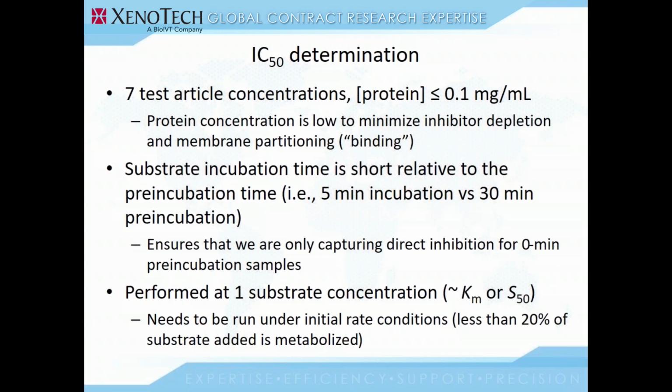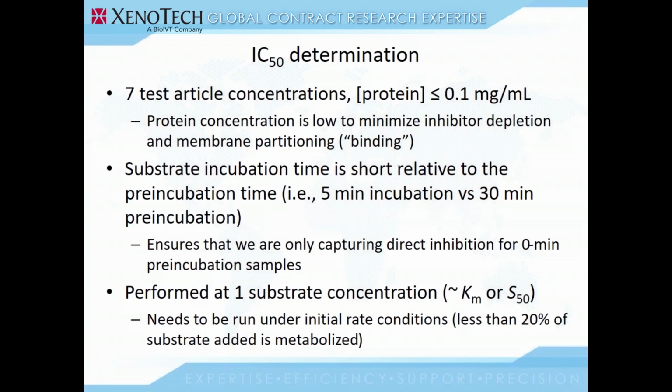The protein concentration is low to minimize inhibitor depletion and membrane partitioning, otherwise known as binding, and we'll touch on this in upcoming slides as well. Substrate incubation time is short relative to the pre-incubation time. In other words, there's a 5-minute incubation versus a 30-minute pre-incubation, and this ensures that we are only capturing the direct inhibition for the 0-minute pre-incubation samples.